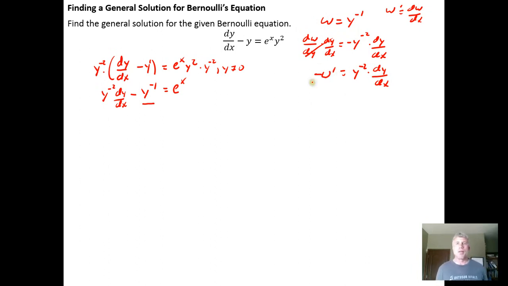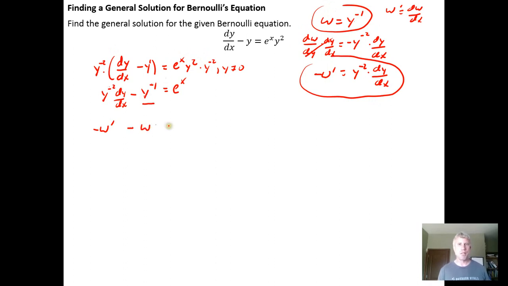Once we have these two pieces, we can go ahead and try to linearize the differential equation. We replace y to the -2nd power dy/dx with the opposite of w prime, and minus y to the -1st power gets replaced with a w, and this equals e to the x. Then we multiply both sides by -1 to get a coefficient of 1 on the w prime term.